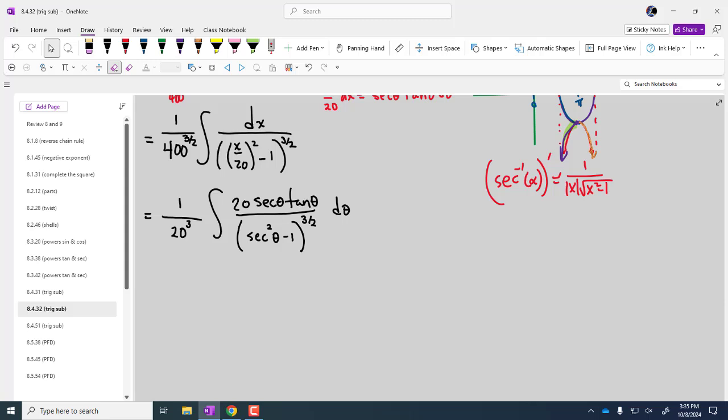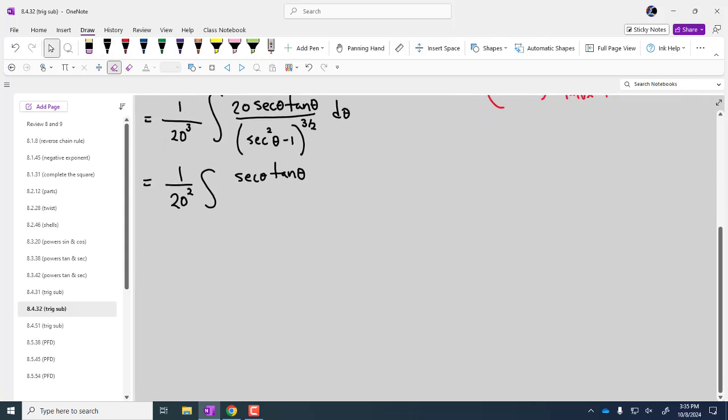Okay, secant squared minus 1, tangent squared. Oh, one of those 20s can go away, right? So we're going to have 20 squared on the outside. And let's see, where are we at? Secant squared minus 1 is tan squared. Okay. So secant tangent in the top.